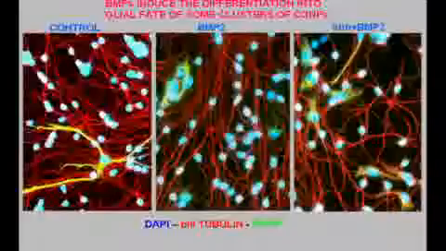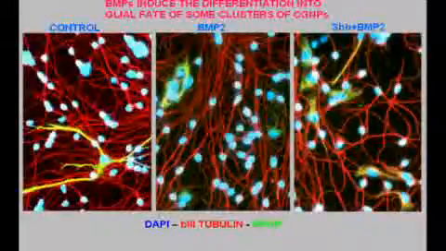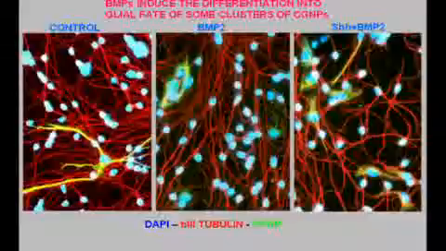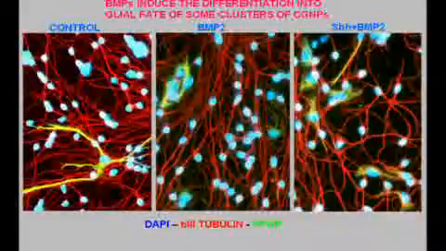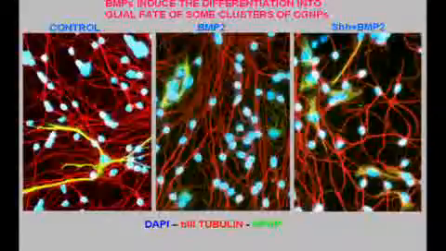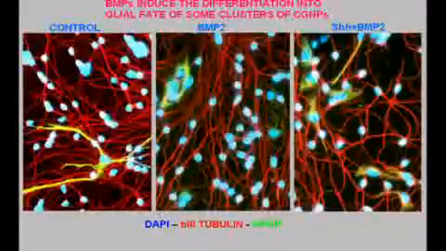And another interesting thing that at that time we didn't even mention in the paper, we put the picture, but we tried to avoid talking about it because we didn't understand it very well: yes, BMP2 stops proliferation.